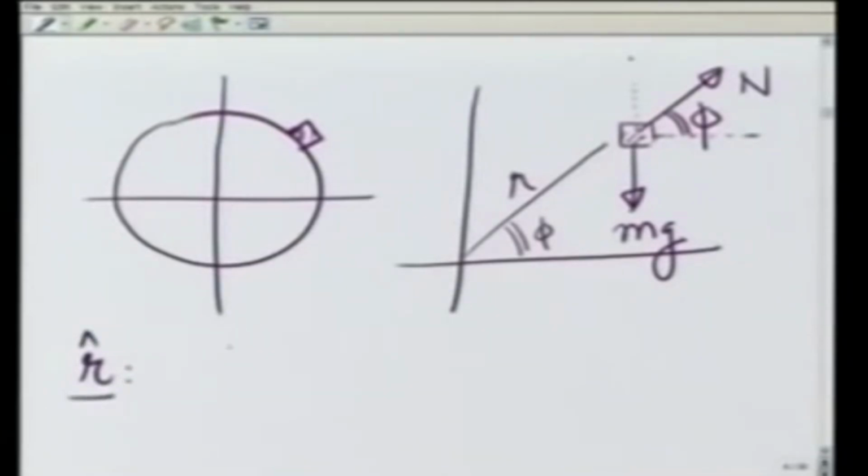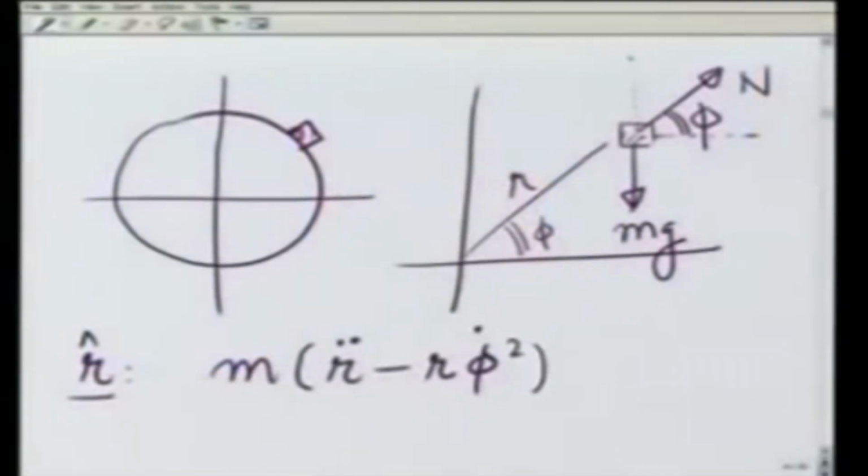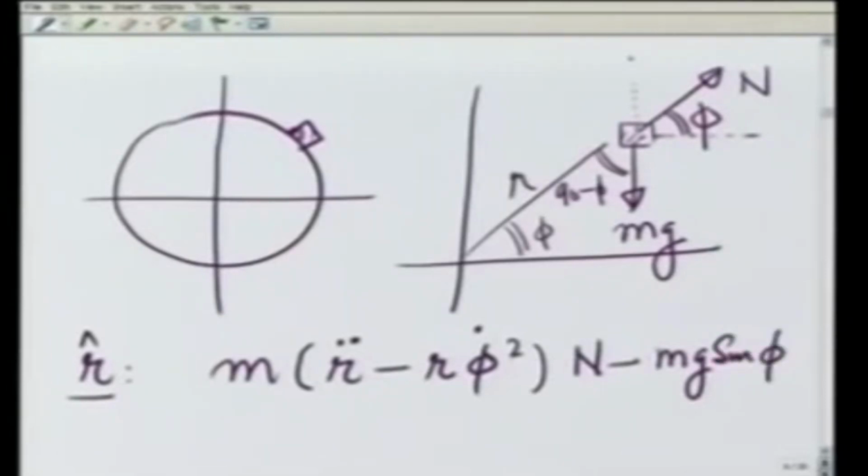Therefore in the r direction, if I want to write the equation of motion, it's going to be m times the acceleration in the r direction, which if you recall from the previous lecture is r double dot minus r phi dot square, and this is going to be the force in the r direction: N in the positive r direction, and since this angle is 90 minus phi, minus mg sine of phi.